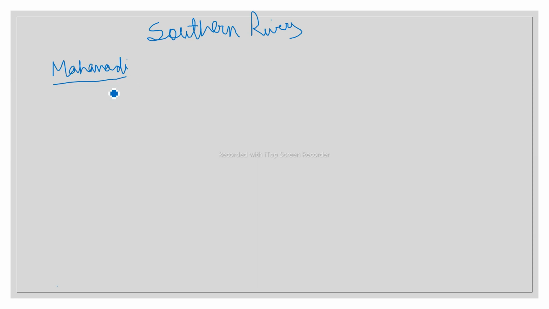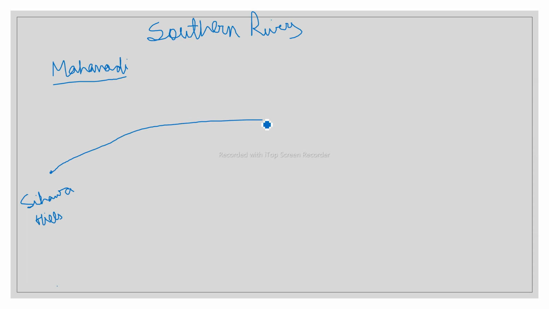Mahanadi is going to be originating from Chhattisgarh. So let's say that this is the point of origin. The point of origin is known as Sihawa Hills. So Sihawa Hills is the place where it is going to originate.